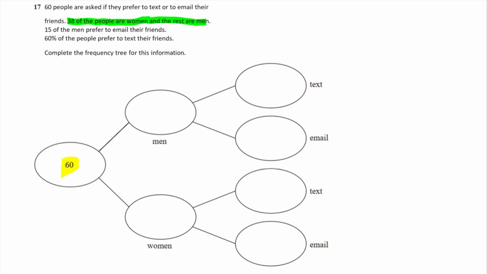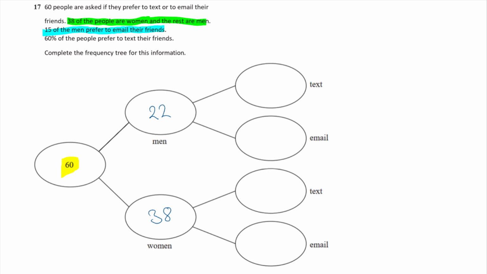So women is 38, so 38 goes in here, and men is got to be the rest then. So what's 60 minus 38? That is 22, so there must be 22, okay, because the men and the women together must add together to give you 60. Okay, so we dealt with that bit. And it says 15 of the men prefer to email their friends.